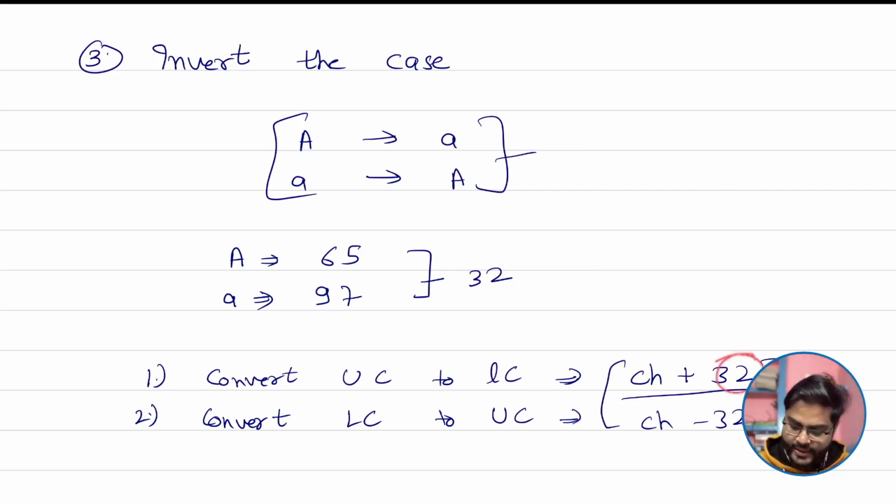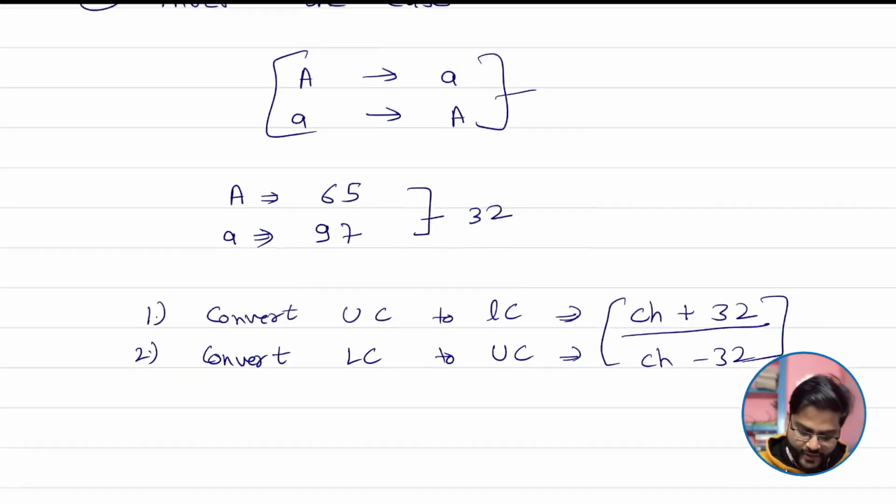The difference is 32, right? Now the user gives the input. What if the user gives the input and you don't know whether it is uppercase or lowercase, but you want to invert the case? So how can we do this? Let me take one example first with uppercase. Let's say we have A, its value was 65.